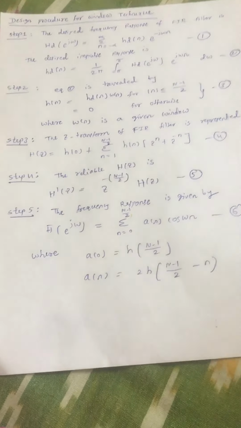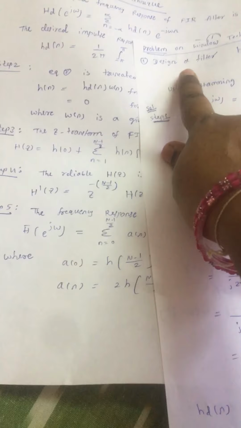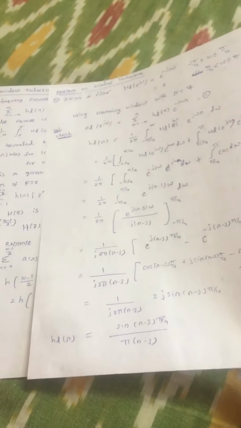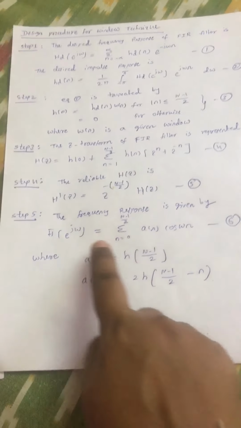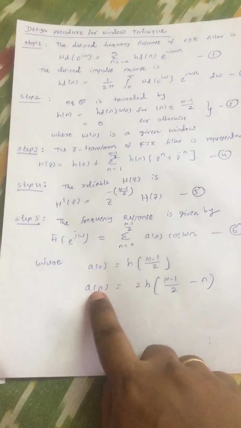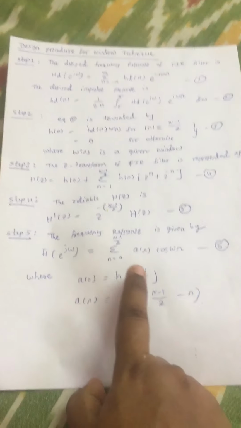Mostly they will not mention it. You have to do up to step 4 only. Mostly they will ask the problem like this: design a filter or find the filter coefficients. So up to step 4 is sufficient. If they ask means you have to do step 5 also. Simply write the equation and find these a values and substitute in the equation. Directly you will get the frequency response equation.